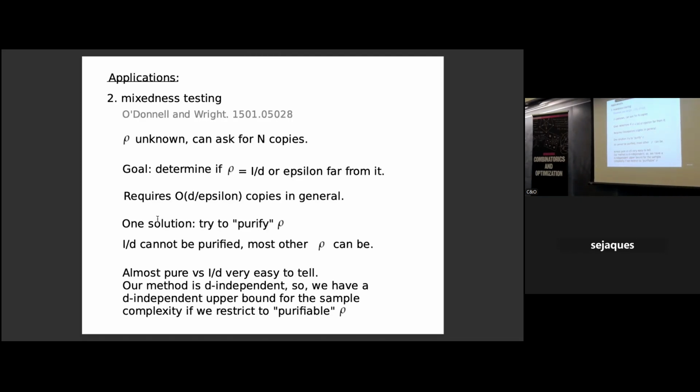So there, where you're saying purifiable rho, does that mean it has just a rank 1 matrix added with some small coefficient to identity? I'll tell you what that is. It is any state that has maximum eigenvalue bigger than the second largest eigenvalue. The difference is the parameter that we got. Constant difference. Yes.